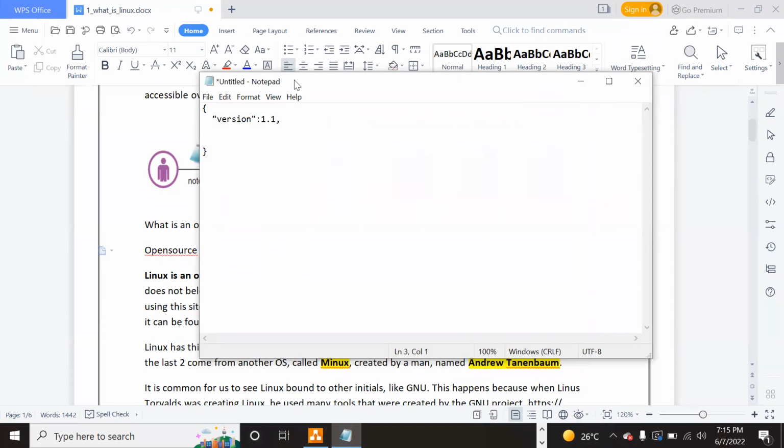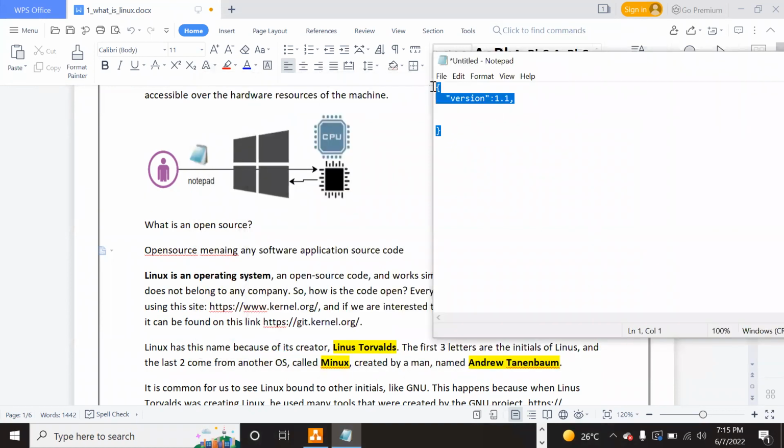Here what I mean to say is the lines of instructions, one line, two lines, three lines, four lines, that we are going to write.